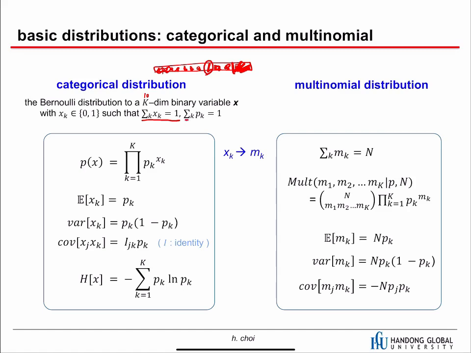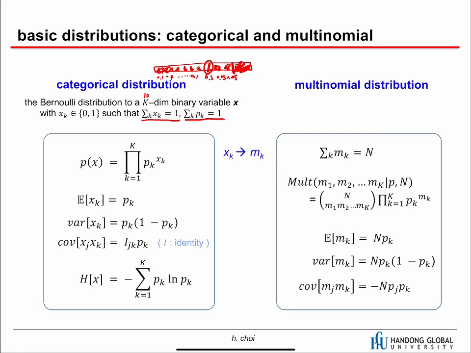And the sum of the probabilities is 1, which means it could be 0.1, 0.1, 0.1, and 0.2, then 0.05, 0.05.